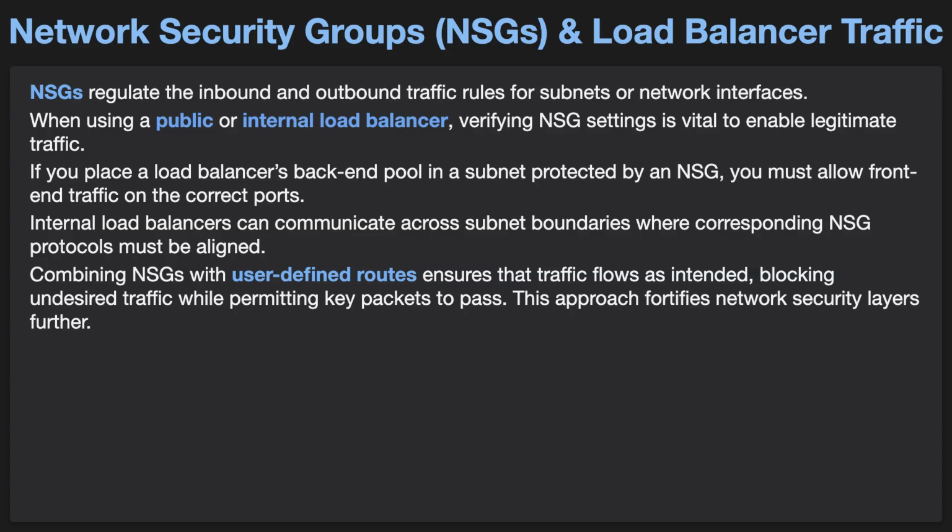Internal load balancers can communicate across subnet boundaries, where corresponding NSG protocols must be aligned. Combining NSGs with user-defined routes ensures that traffic flows as intended, blocking undesired traffic while permitting key packets to pass. This approach fortifies network security layers further.